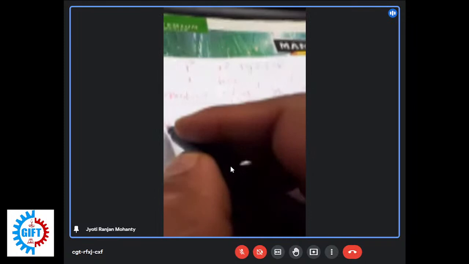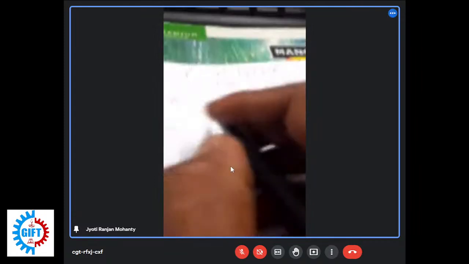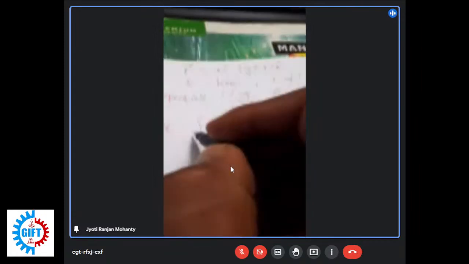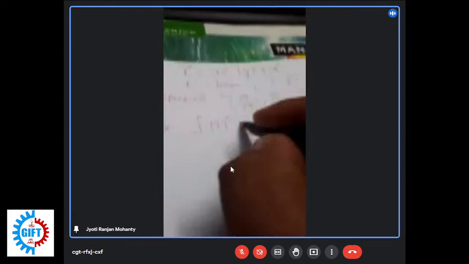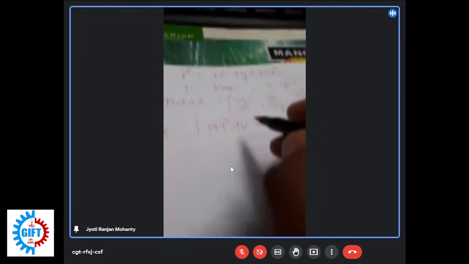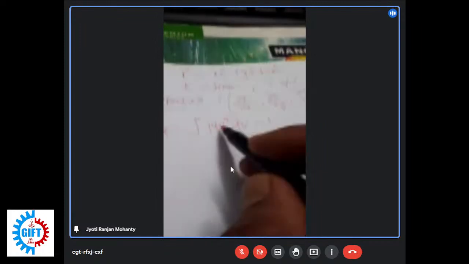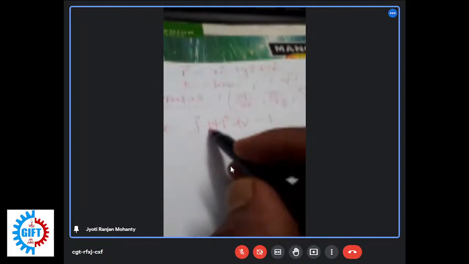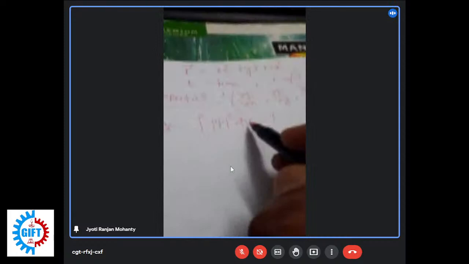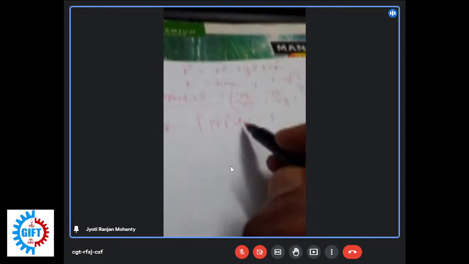The next point, it is a square integrable function. Square integrable means if you take the wave function, take the mod square and integrate, the value will be 1. The next, it must satisfy Schrodinger's equation.